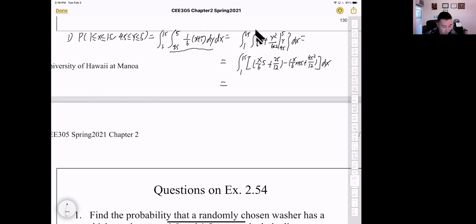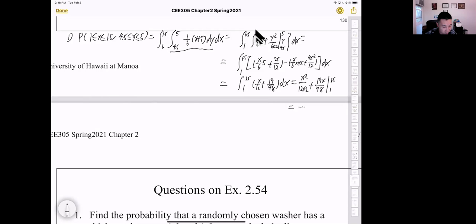This will simplify as this, dx. Let's continue to do the integration for x, between 1 and 1.5, and so on.